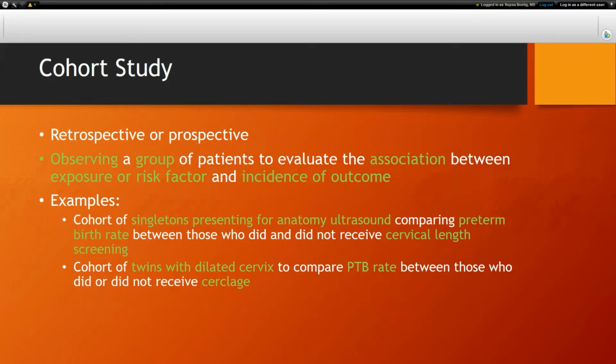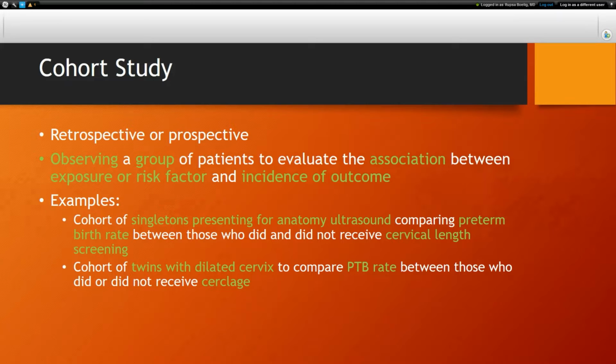Often that's an association between either an exposure, and when I say exposure, that can be a medication exposure, it can be an environmental exposure, or a risk factor. So whether you're looking at maternal morbidity or an ultrasound finding or a lab value, and then the association between those with or without that exposure or risk factor, and then the incidence of your outcome of interest.